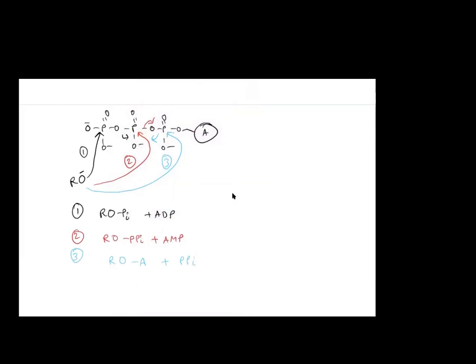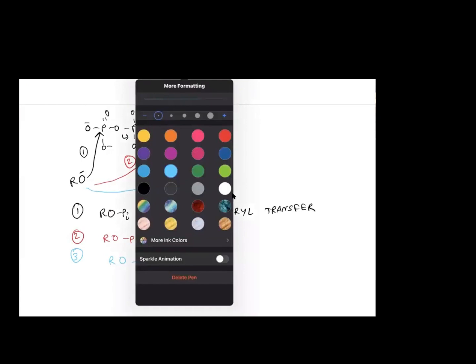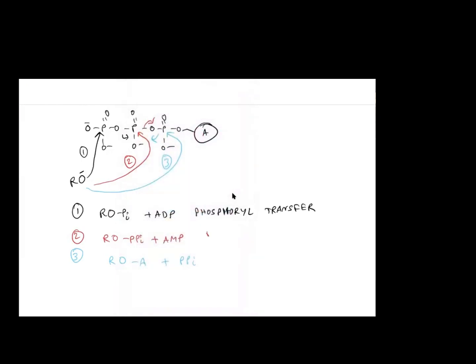So general nomenclature, this is the phosphoryl transfer reaction, phosphoryl, because all we are doing is transferring a phosphoryl, which is the Pi. So most of the time, this is what we're going to see, like glucose to glucose 6-phosphate is a phosphoryl transfer reaction. And this is going to be our pyrophosphoryl transfer reaction, because we are transferring pyrophosphate.